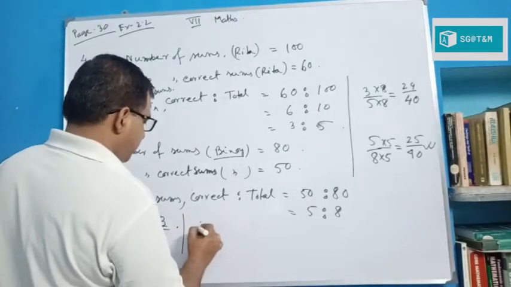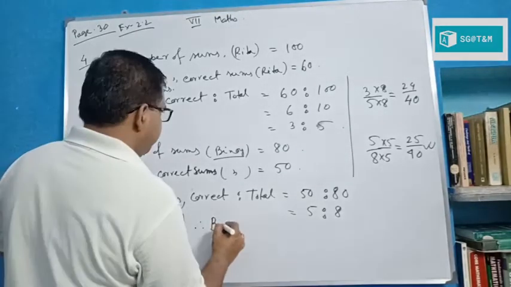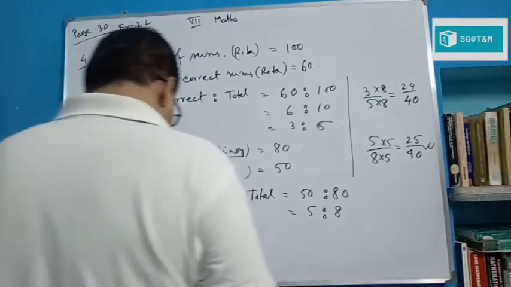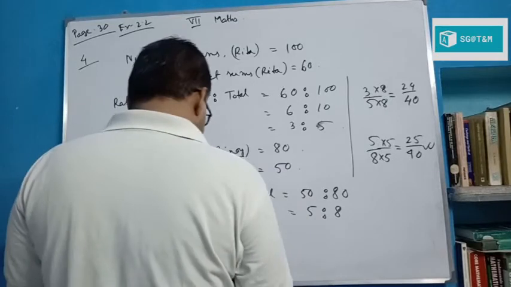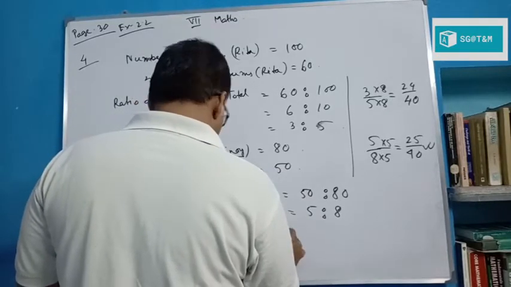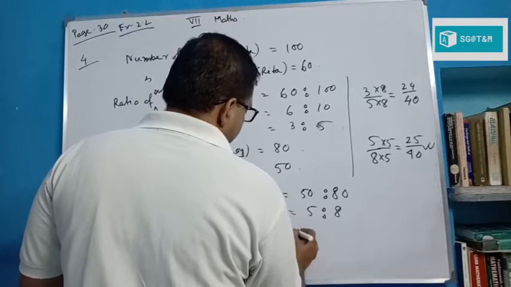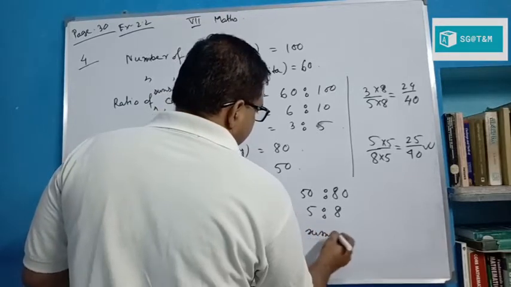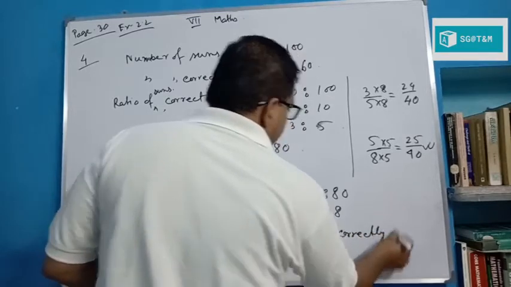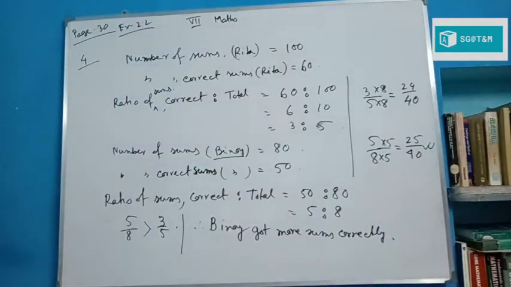Therefore, Binoy got more sums correctly. Is it clear? I repeat once again from the question.